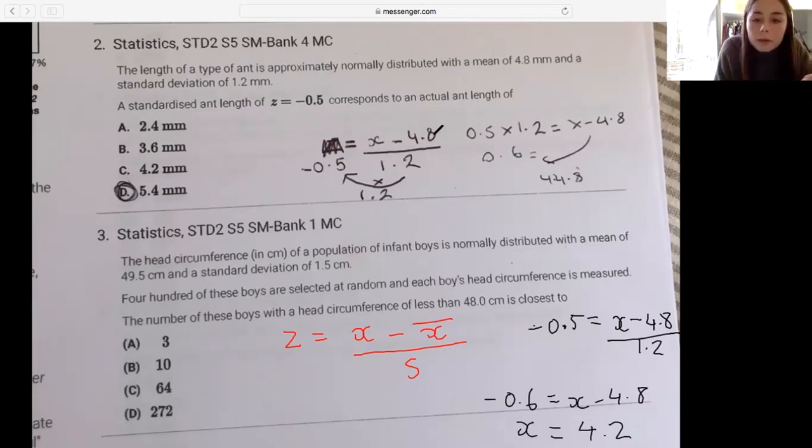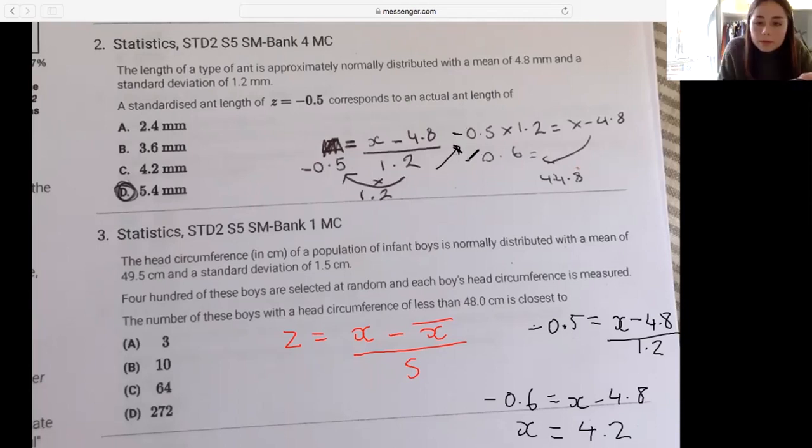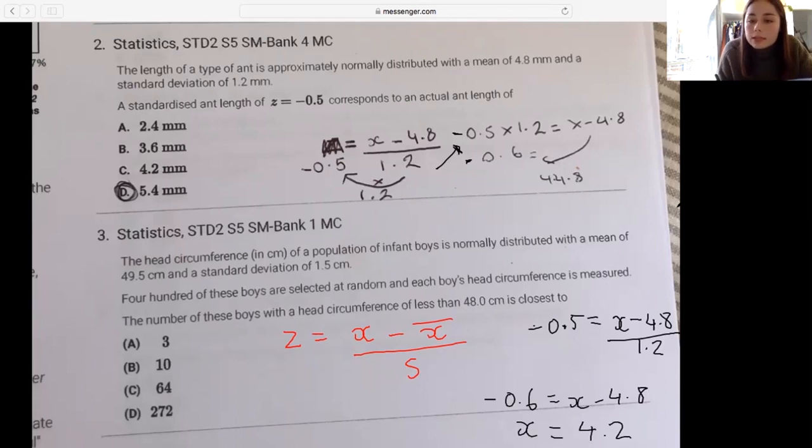I think when you came from this step here to over here, you got to put the negative there. So it should be negative 0.6. And then negative 0.6, and then you take the 4.8 over, so it's plus 4.8.